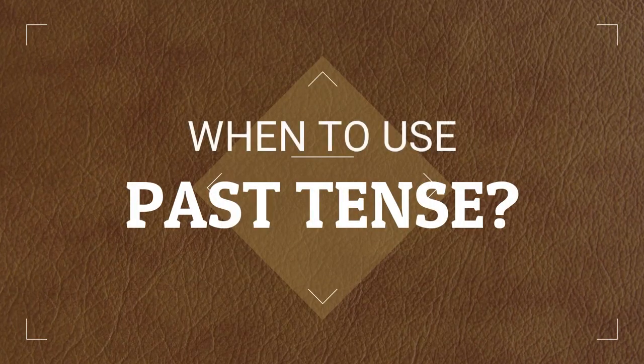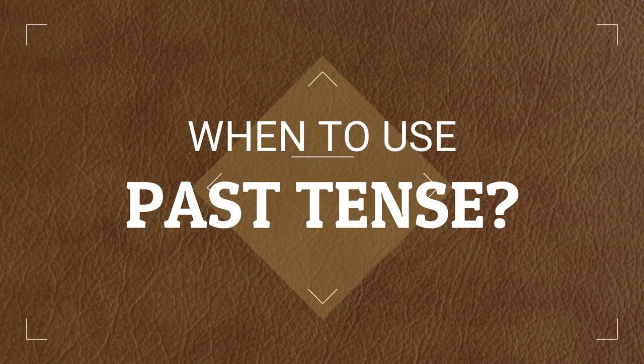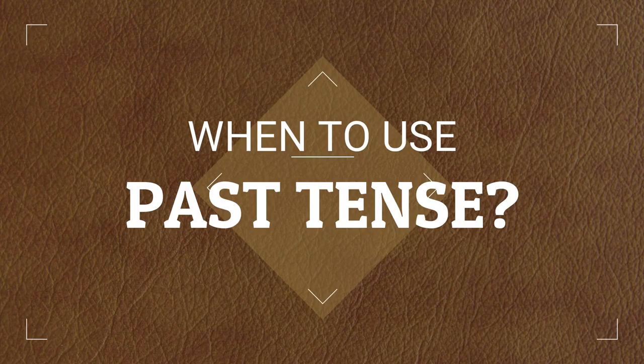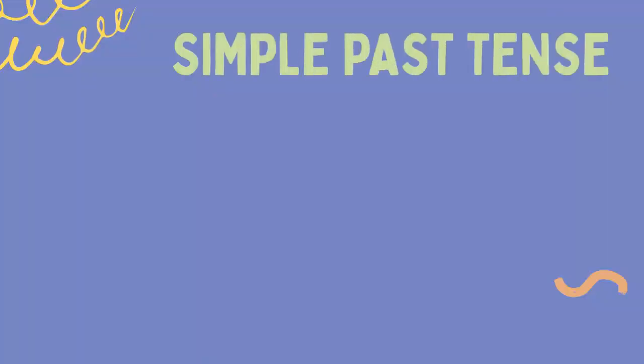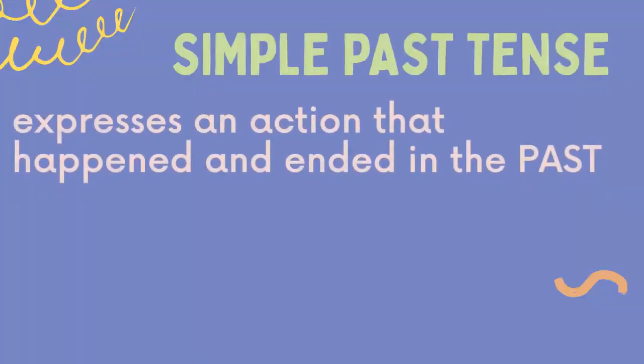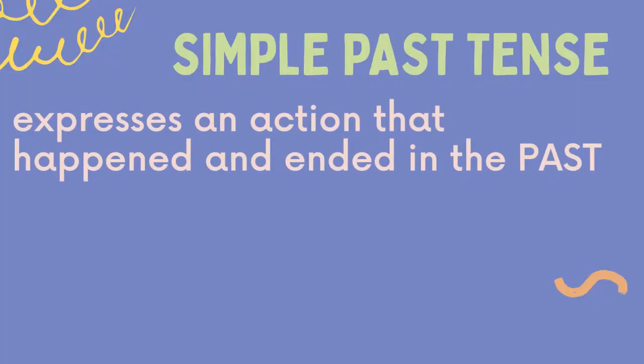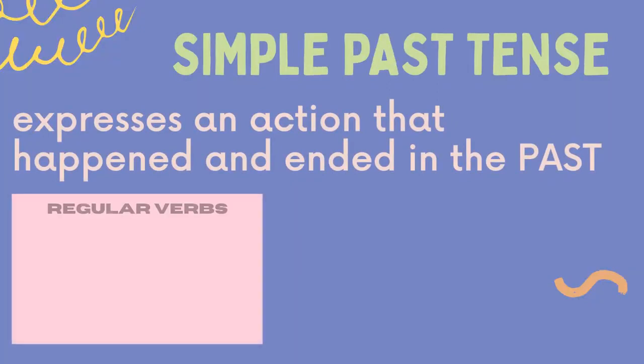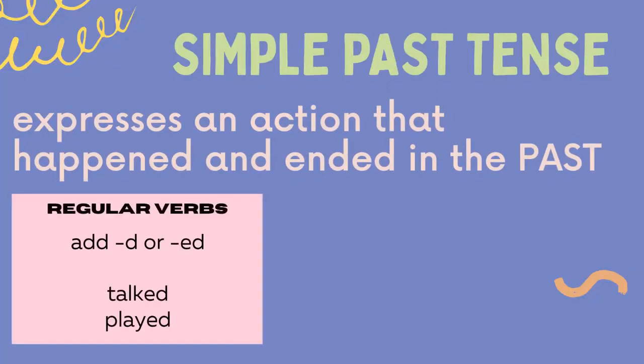But when do we use past tense? We have to know that past tense or the simple past tense expresses an action that happened and ended in the past. We have two types of verbs: the regular verbs and the irregular verbs.